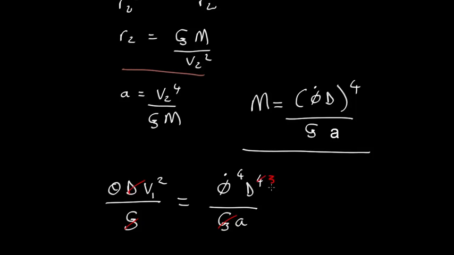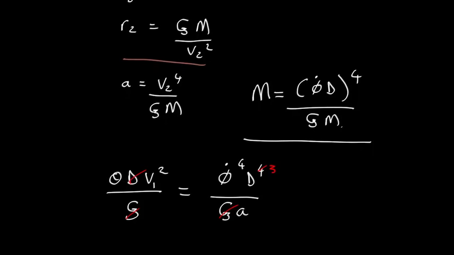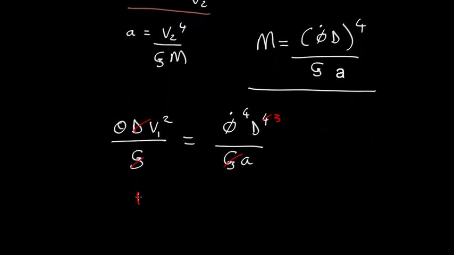and what we find is d equals the cube root of theta v1 squared a all over phi dot to the fourth power.